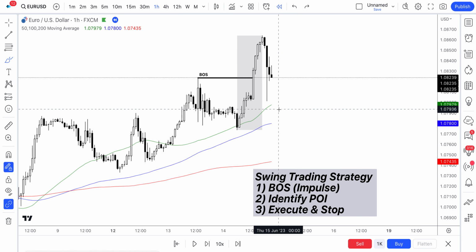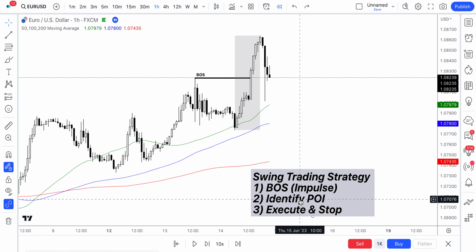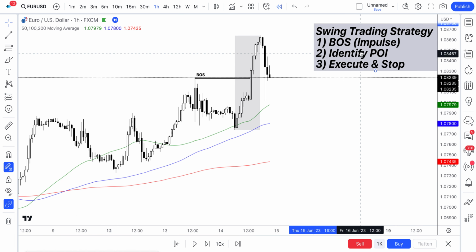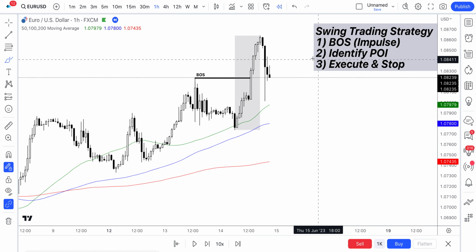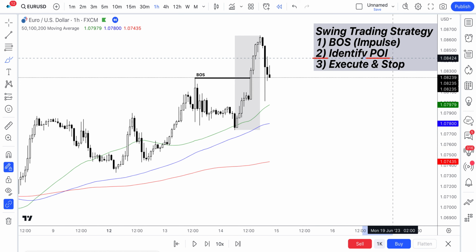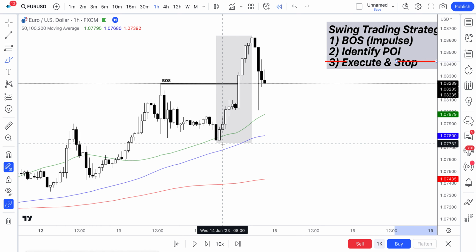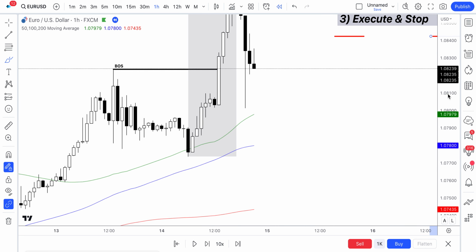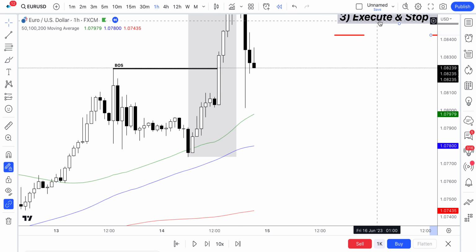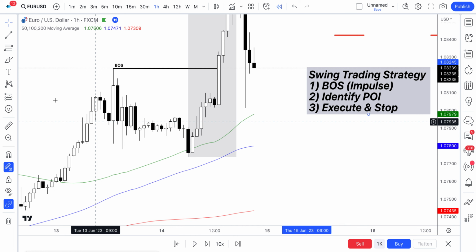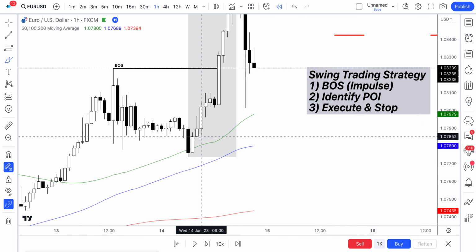Now this is the most important part of the strategy. Number two, identify a POI. What we use here is where the institutions last got involved in this market. So if we zoom in here, I want to make this very clear and simple for you guys. It's looking before this higher high.